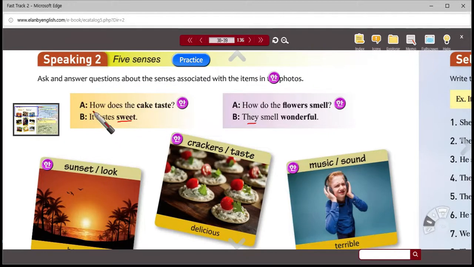One person will ask the question, the other person will answer, and the answers again are given at the bottom. Notice the subject and verb agreement. Some of the things we're talking about are singular, and some things are plural. So that affects the auxiliary verbs in the question and the third person S in the verb. All right, so take a few minutes, finish this, and then we will review.